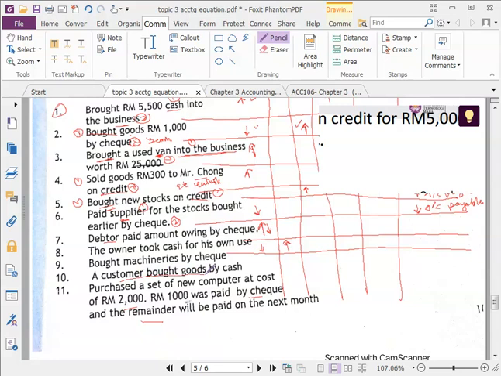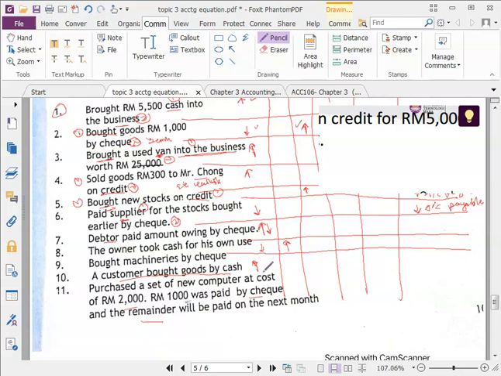What is this? What is the answer? A customer, asset. Okay, asset kita bertambah ke berkurang? Kenapa bertambah? Pandai bertambah. Sebab apa? Sebab kita dapat duit daripada customer bagi jadi.